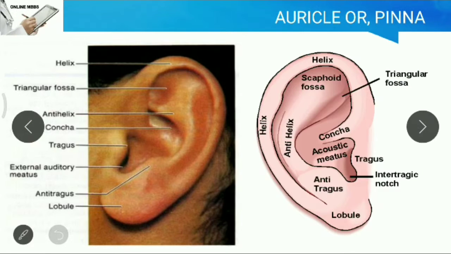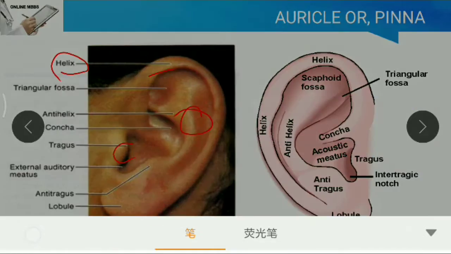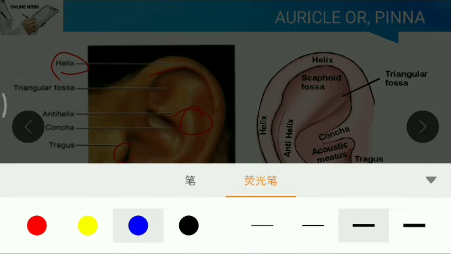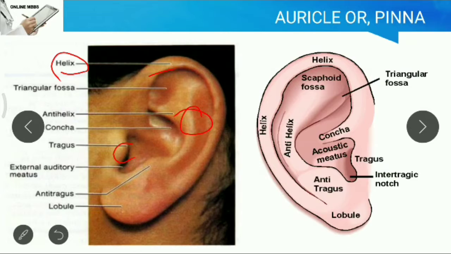So you can see here in the picture the helix. This part is known as the helix, whereas right opposite to this is known as the antihelix. And you can see here this part, the tragus, and opposite to this is known as the antitragus.